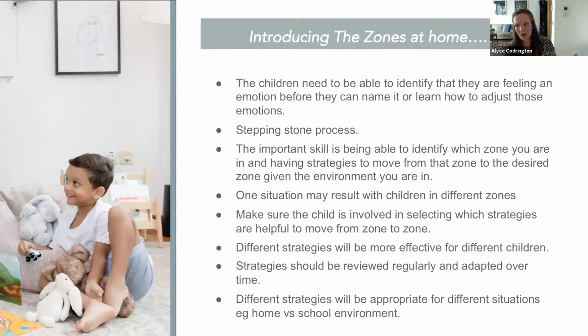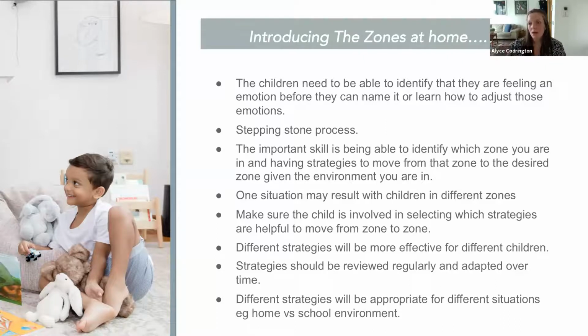As I said, some strategies are going to be more beneficial to some students than others. So just keep reviewing them. And some strategies to get a student from, for example, the red zone to the yellow zone will be appropriate for a home environment, but they will not be appropriate for a school environment.